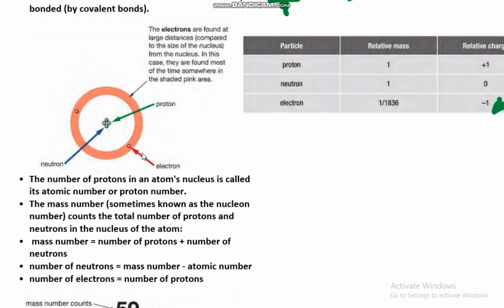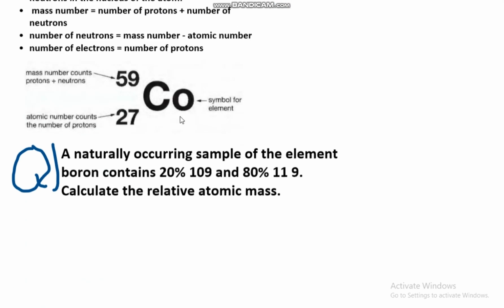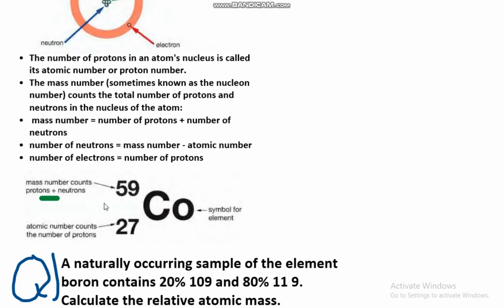These are some rules: if the number of protons is 6, the number of electrons is also 6, and the mass number is the number given to the whole atom. In exams we have scenarios like these, where we count these numbers. The highest number is always the mass number, and it consists of neutrons and protons added together.